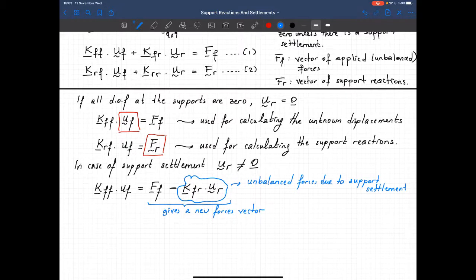Okay, and again we solve this system of equations and we obtain what UF is, and then again we can use the second equation, which is KRF times UF plus KRR times UR, will give us the support reactions.